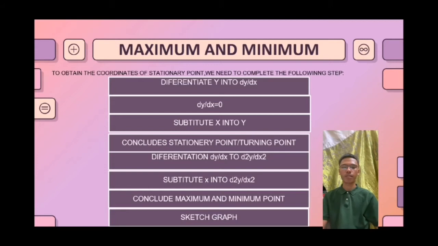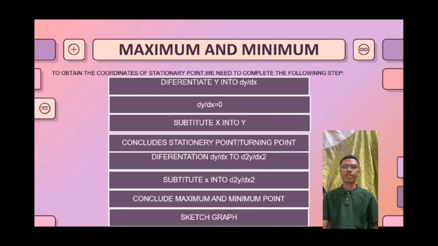So for the next step is to obtain the coordinates of the stationary point. We need to complete the following steps. Step 1 is differentiate y into dy per dx. Step 2 is find the value of x when dy per dx is 0. Step 3, substitute x into y. Step 4 is conclude the stationary point or turning point.